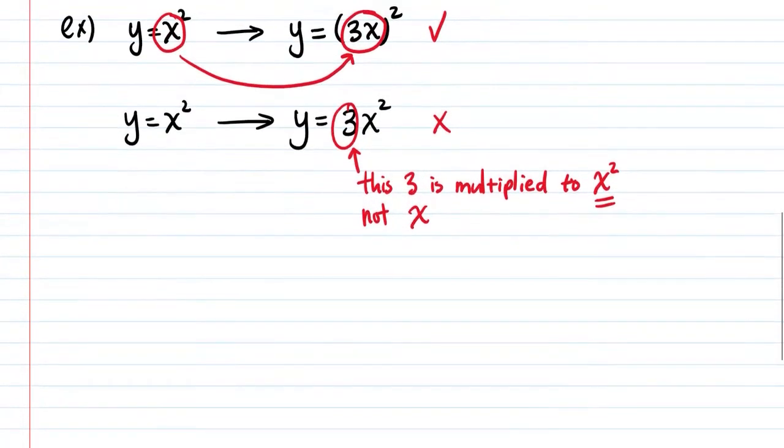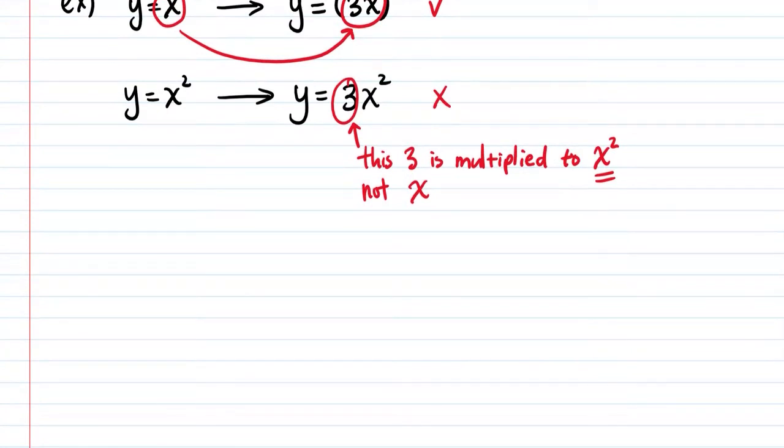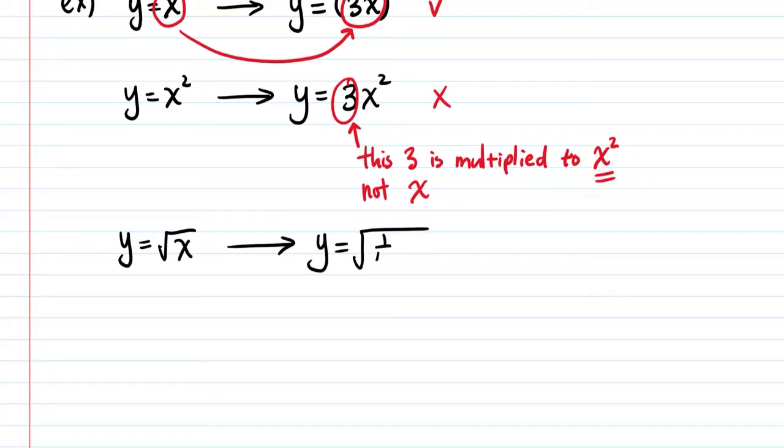Let's take a look at a few more examples. y is square root of x is the original function, and that is transformed to y is square root of 1/4 x. So we have a constant number, which is 1/4, that is multiplied to the x. So x becomes 1/4 x. That is the right form for horizontal expansion or compression.